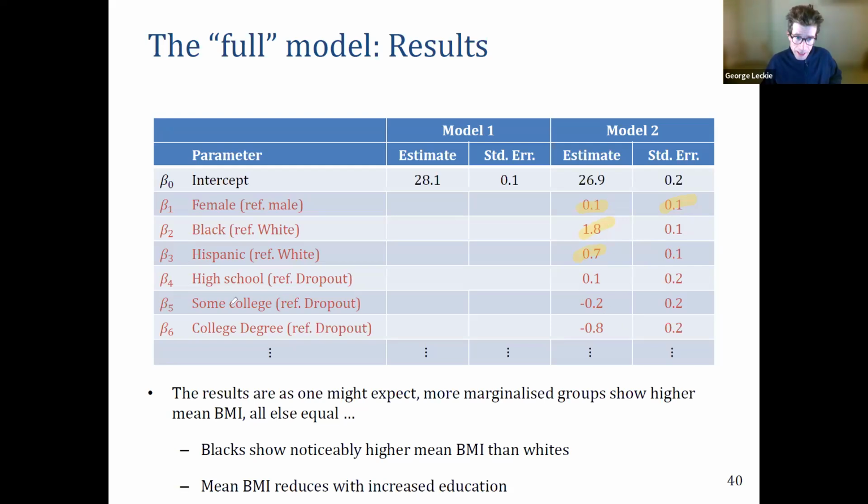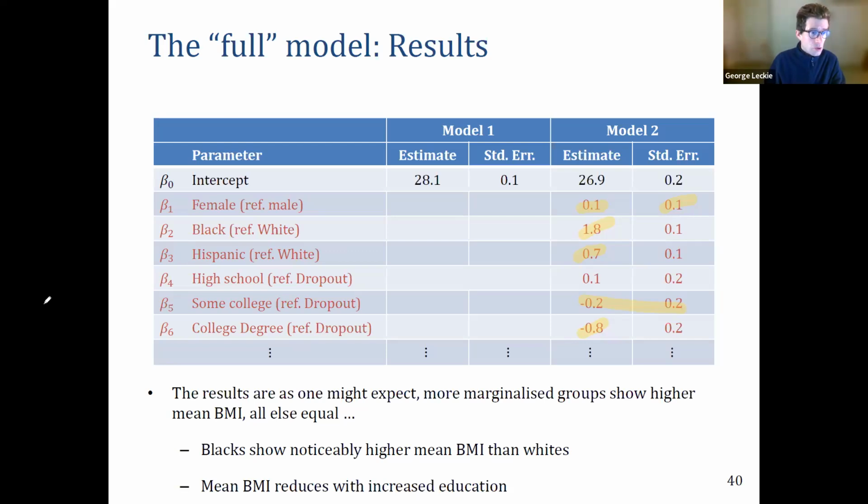And in terms of the education gradient versus dropouts, those strata characterized by some college, well, that's a little bit less, but not significantly so, but college degree, that is significantly less by 0.8 of a BMI point than dropout. So normal kind of interpretation, except that these are characteristics of the strata. So we're talking about the 382 strata and how they systematically differ from one another in terms of mean BMI and to what extent this is attributed to the specific characteristics of the strata here.